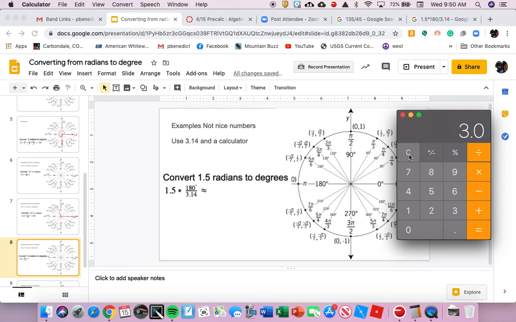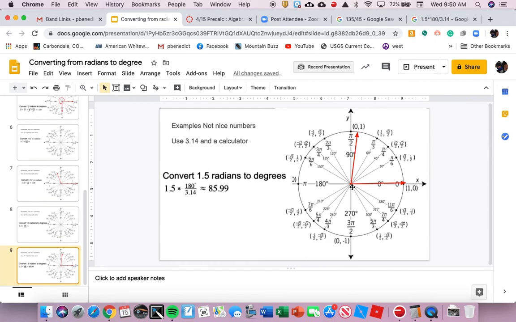Oops. Let's see if that works. And I get 85.99 degrees. And there's that angle in standard position.